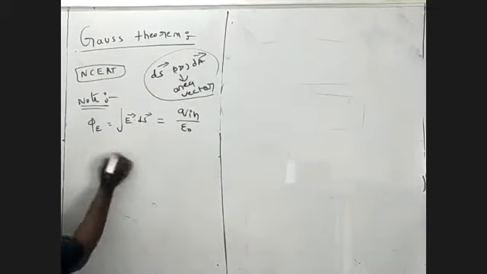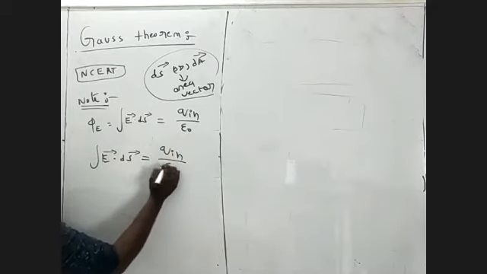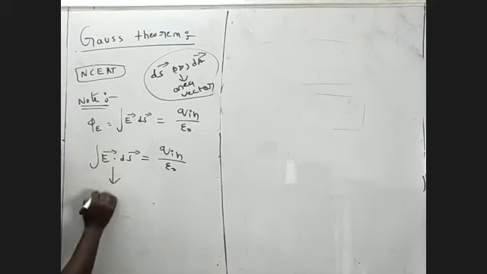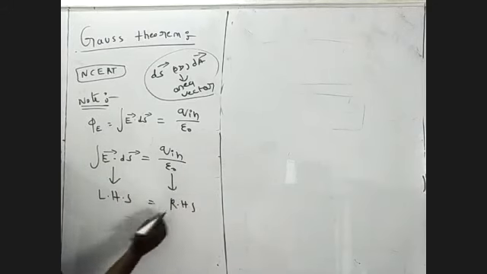Now, the integral of E bar dot ds bar is equal to Q enclosed by epsilon naught. This is the LHS side and this is the RHS side. Both are equal.